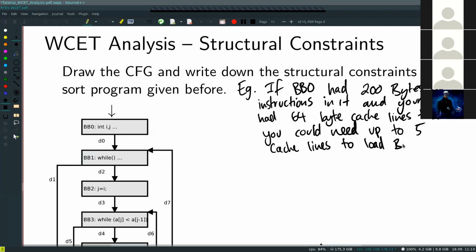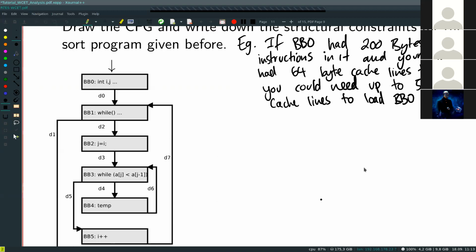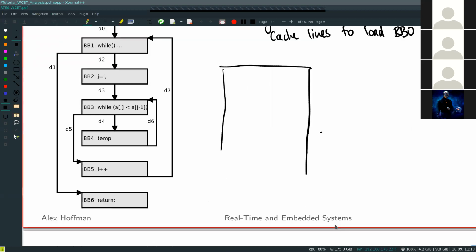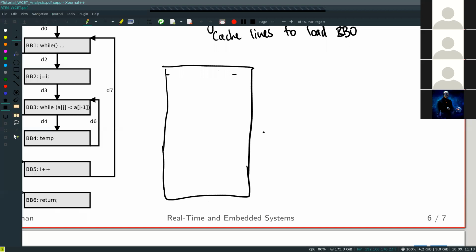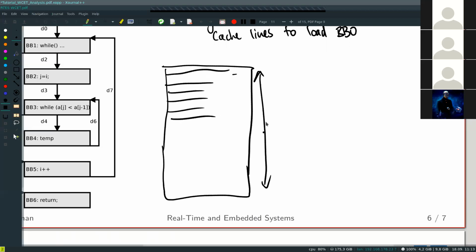BB0. Because if we think about the instructions in memory, these are the memory addresses, this is the BB0 instructions, and this is memory.